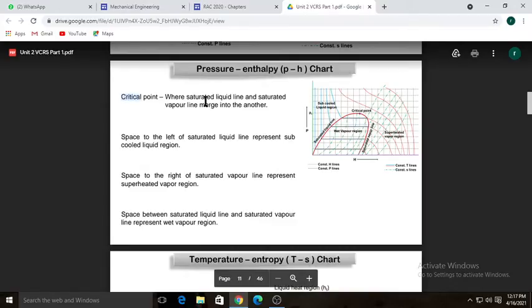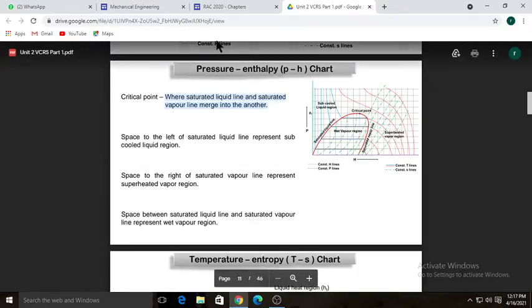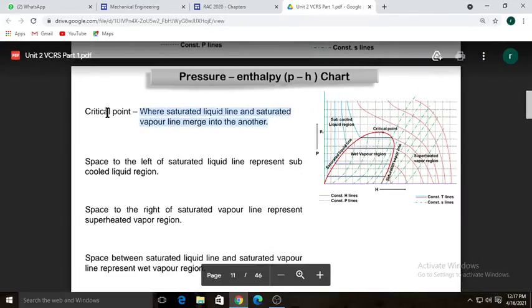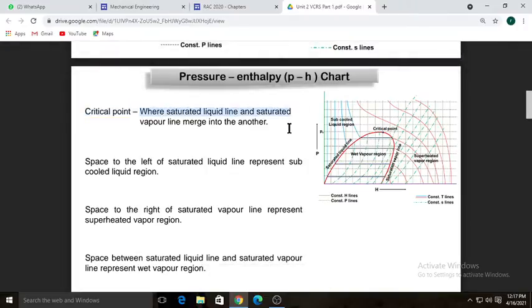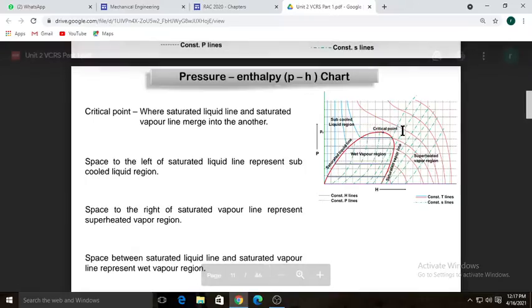Again, here you can see the critical point. What is this critical point? The critical point is the point where the saturated liquid line and saturated vapor line merge into each other.